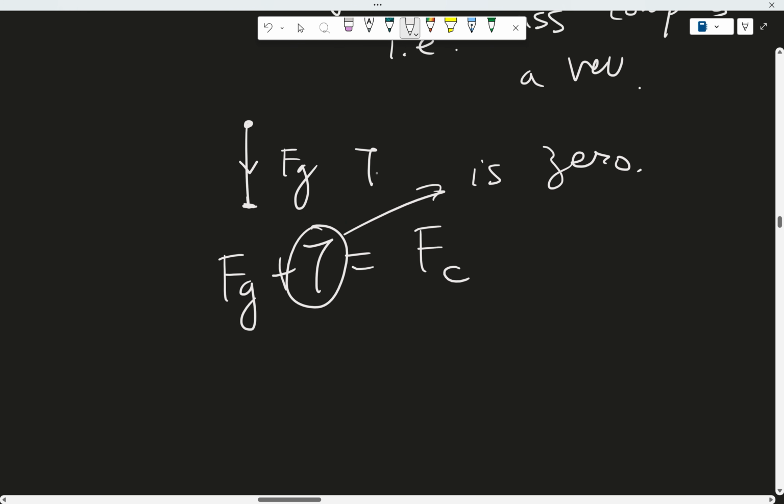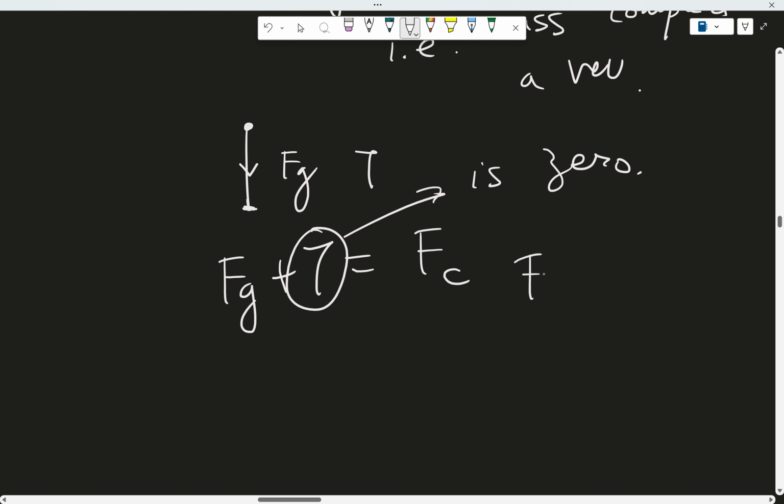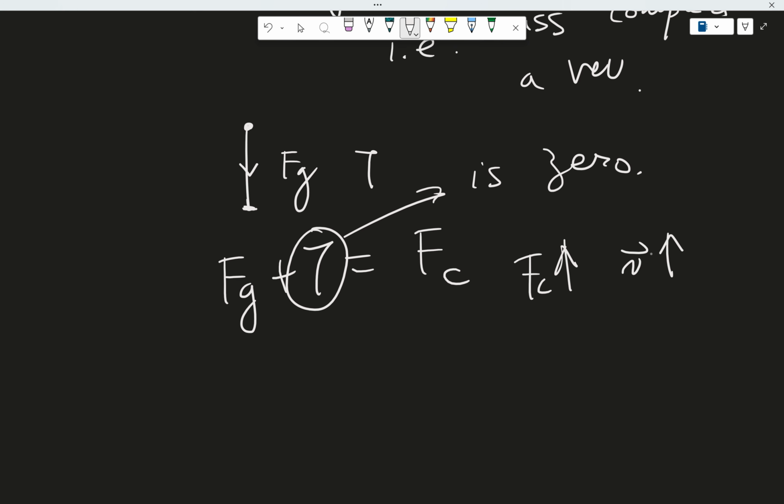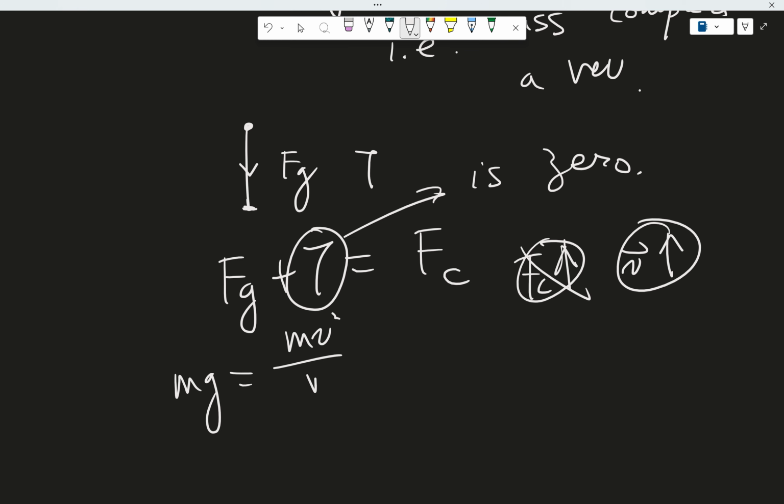Since the higher the centripetal force, the higher the velocity. And so we want velocity to be as small as possible, so we should provide as little centripetal force as possible. And so we should let this tension be 0. And so that is the minimum we can get. So then mg equals mv squared over r.